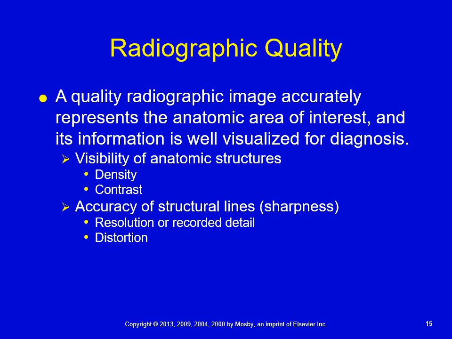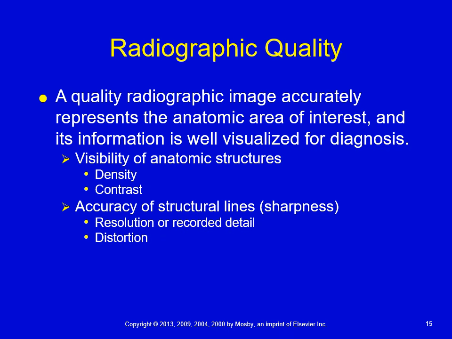We need enough of a difference between the light areas on the film, the dark areas on the film, and also the gray areas on the film to clearly see the anatomy that we need to uncover for the patient's diagnosis. So visibility deals with density, aka the new term is brightness, and also contrast.